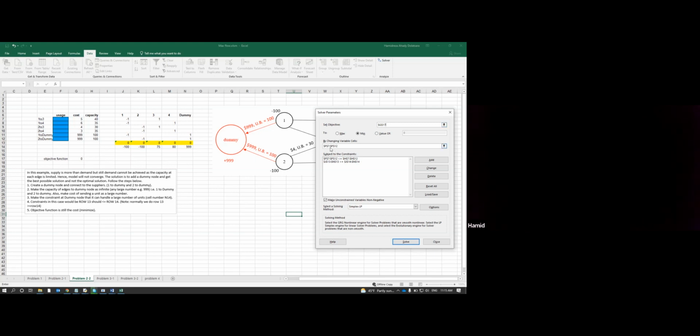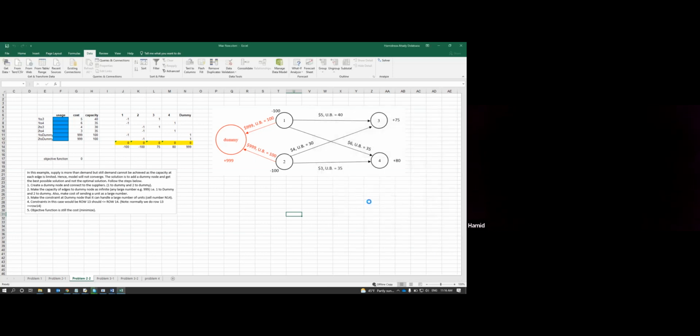Okay, so decision variables F7 to F12, these blue cells, F7 to F12 should be less than capacity, H7 to H12. Also J13 to N13 should be less or equal to J14 to N14. So let's just press solve.